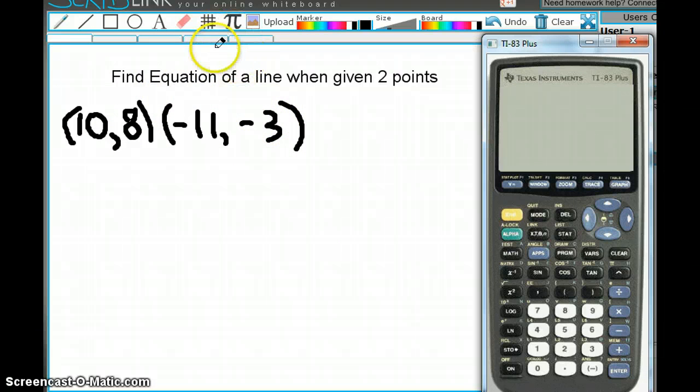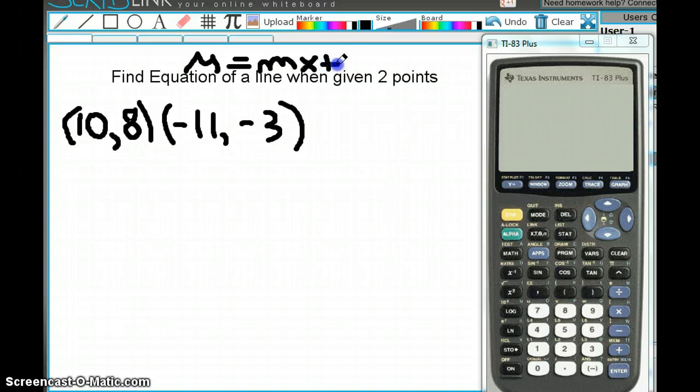equation of a line is. So the formula for the equation of the line is y equals mx plus b. And you have to remember that m is always the slope, and the b will be the y-intercept.